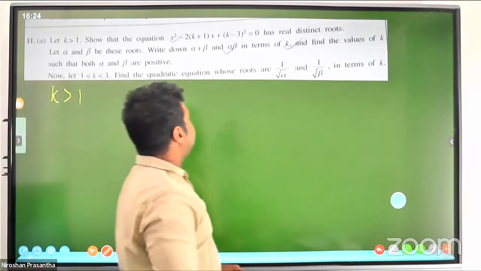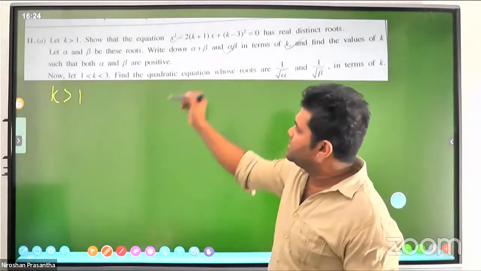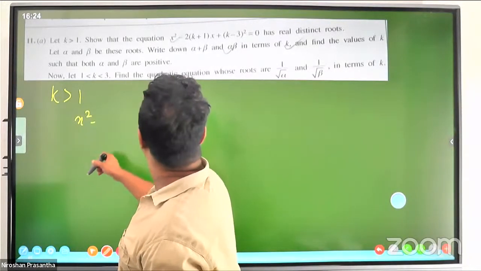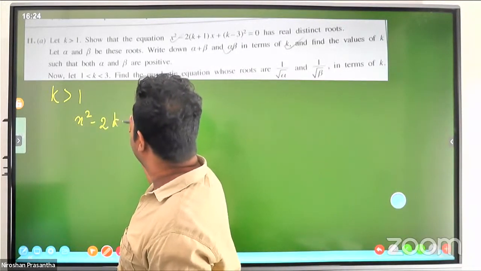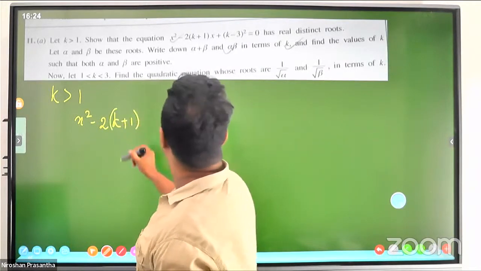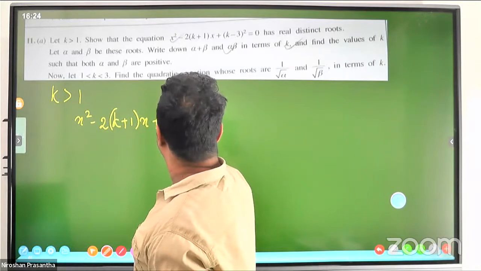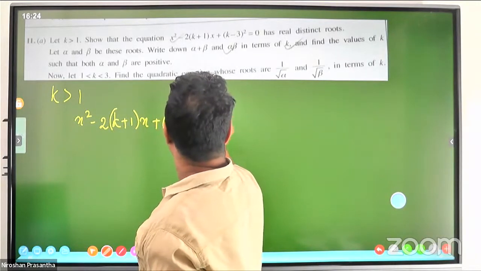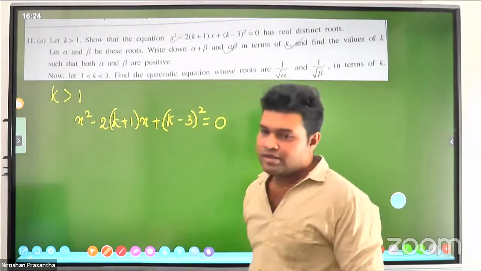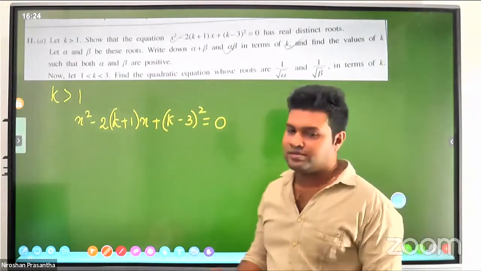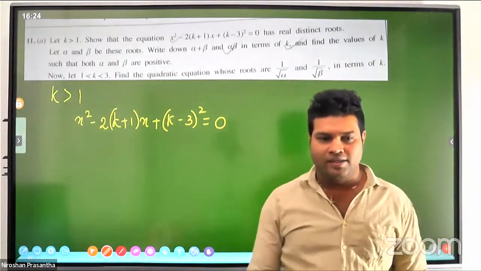Show that the equation x squared minus 2(k + 1)x + (k − 3)² = 0 has real distinct roots. Right, Lamai?